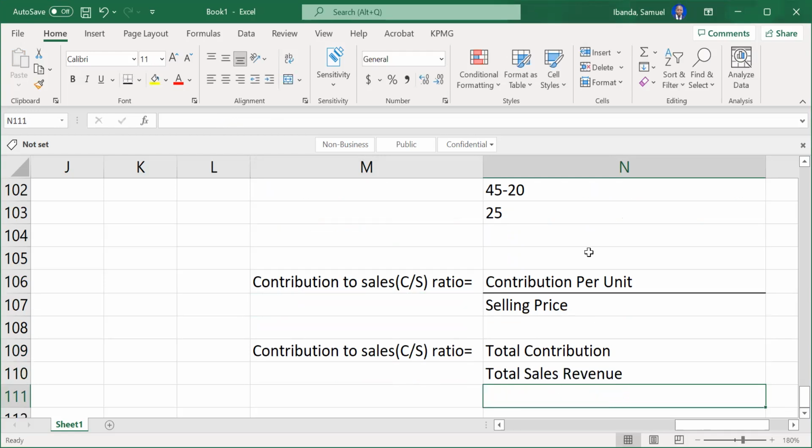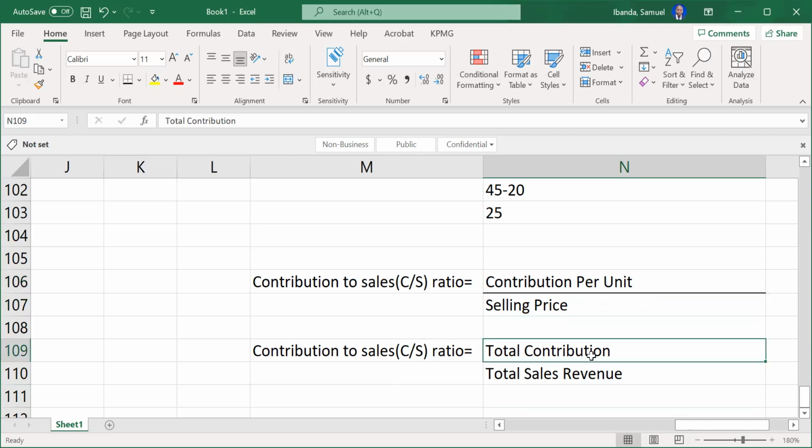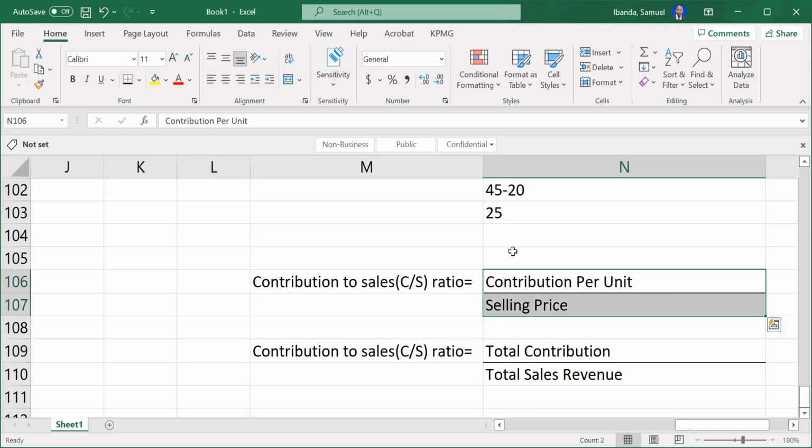Remember, the multiplying factor here is quantity. When you multiply contribution per unit times quantity, you get total contribution. When you multiply selling price times quantity, you get sales revenue. That is why the two formulas give you the same value.